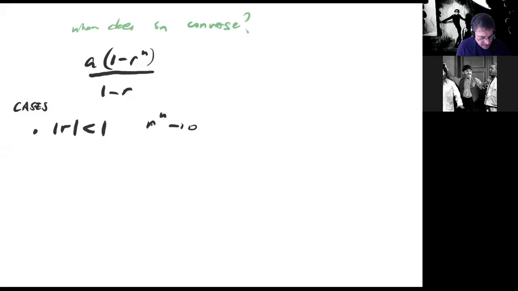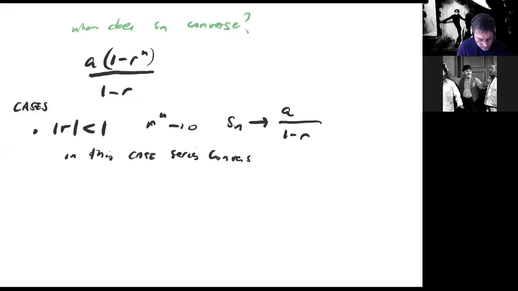So then S_n tends to a times 1 minus 0 over 1 minus r. So in this case, the series converges, i.e. the summation of ar to the n minus 1, n goes from 1 to infinity, we'll just write an equal sign. It's equal to a over 1 minus r.